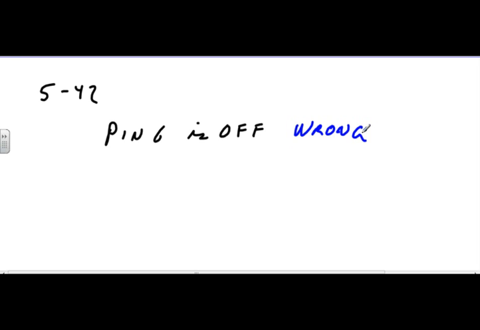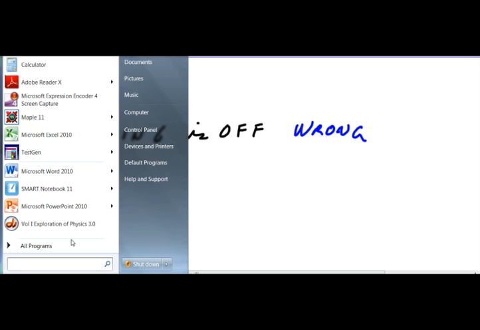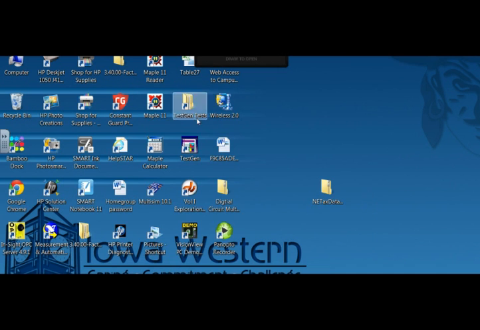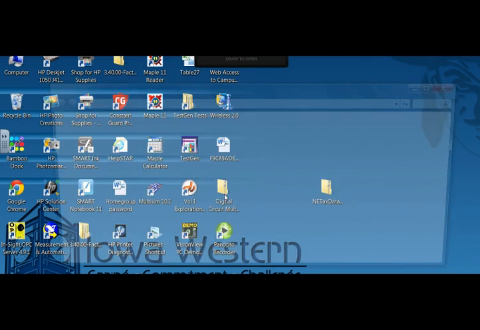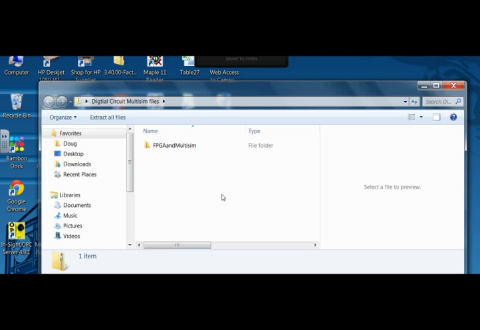All right, now to do the Electronics Workbench problems. So where did my Electronics Workbench go? No, that's not it. There it is. I found it. Okay, so we open Electronics Workbench. What was the question? What's the problem?